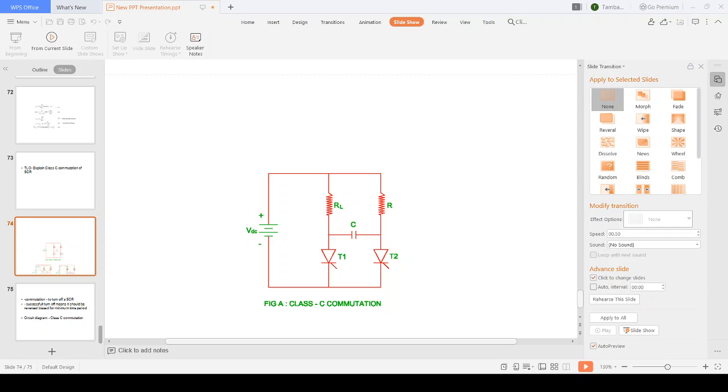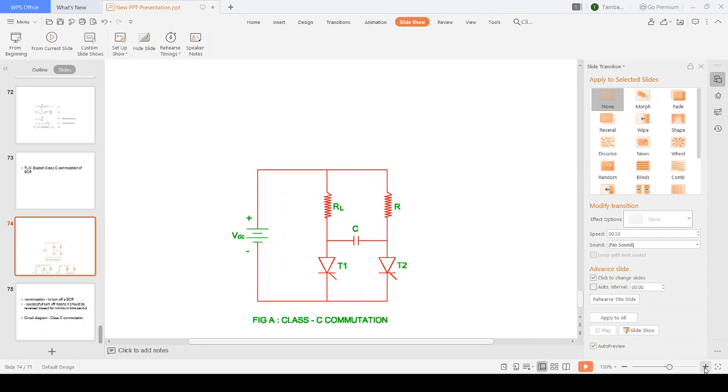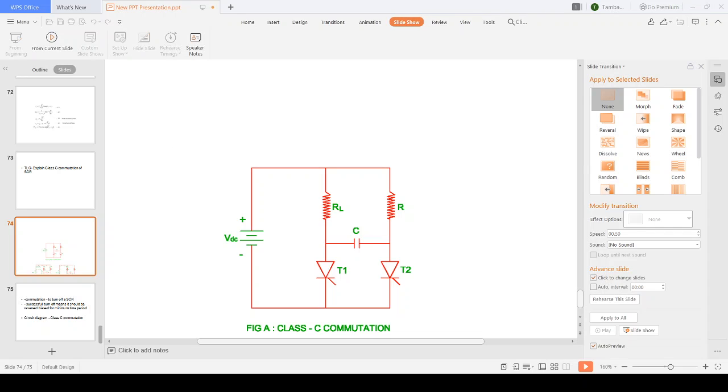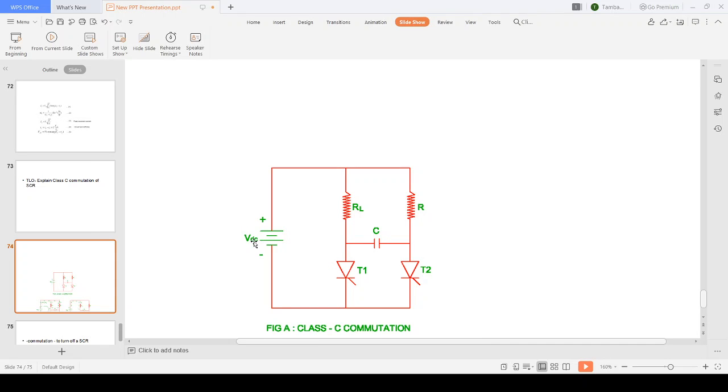In this circuit diagram, you can observe that it consists of a DC voltage supply on the left hand side.